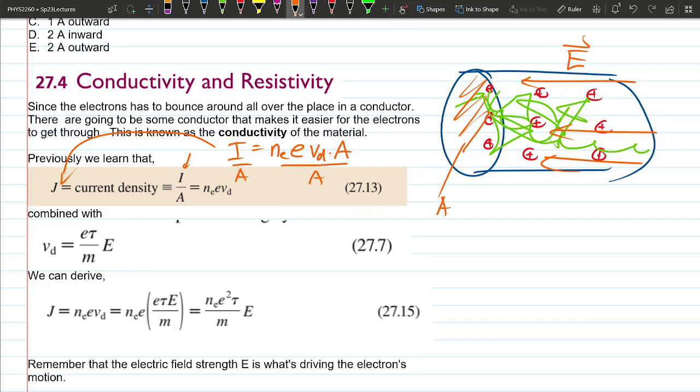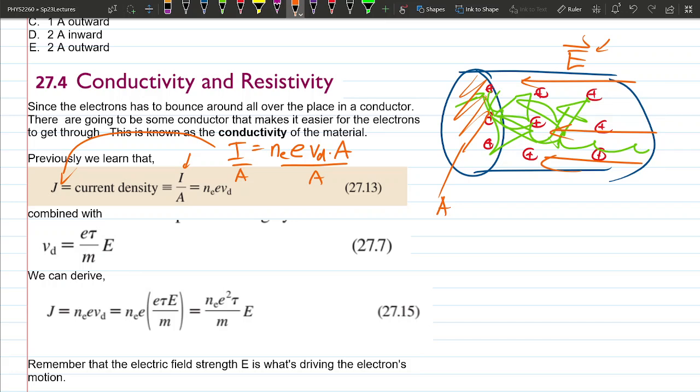Now what we're going to do is combine this with something we learned on Monday, where the bigger the electric field, the bigger the drift velocity, the faster the electrons drift to the other side.